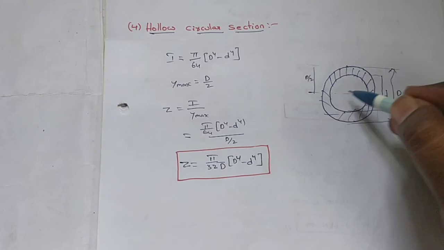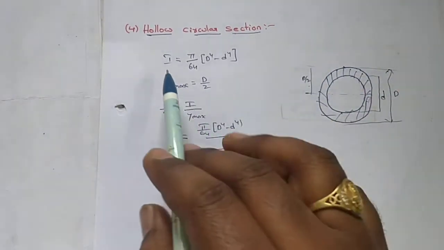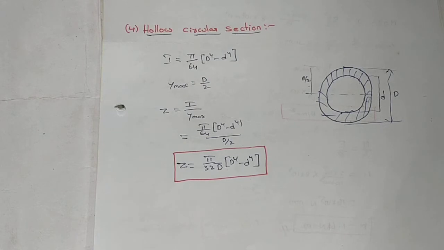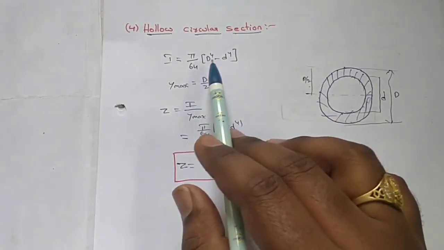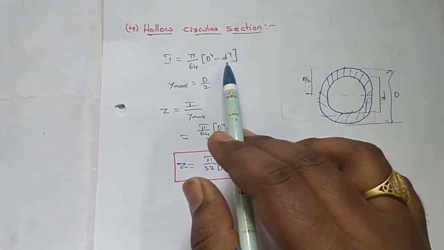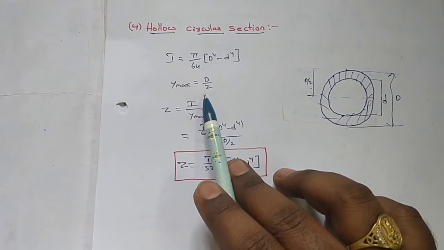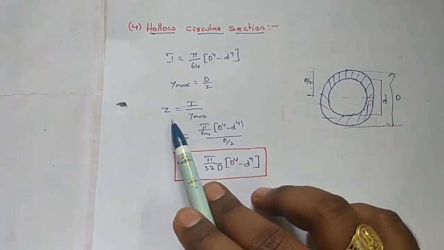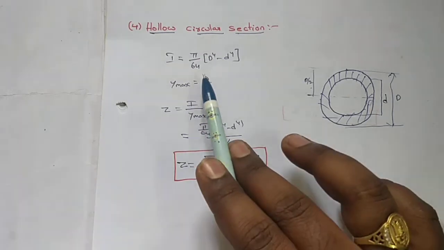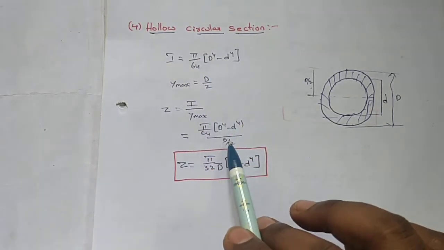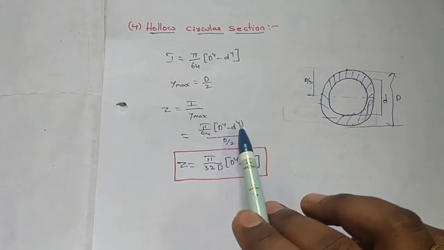The distance from the neutral axis to the topmost layer is capital D by 2, and the moment of inertia is pi by 64 into capital D power 4 minus small d power 4.